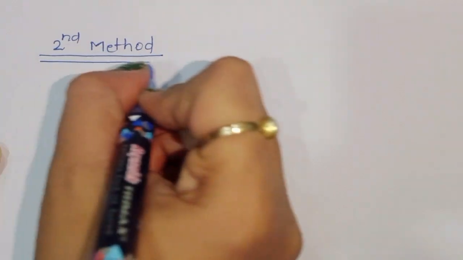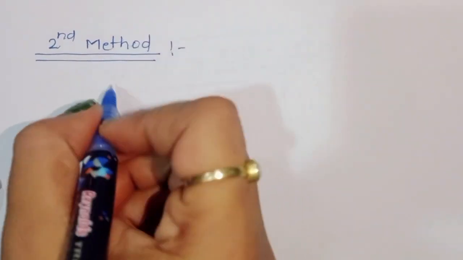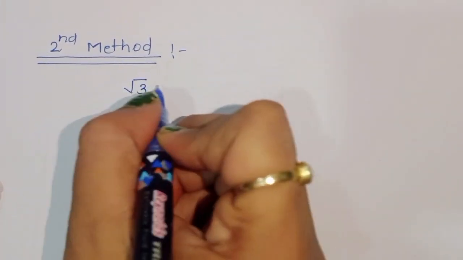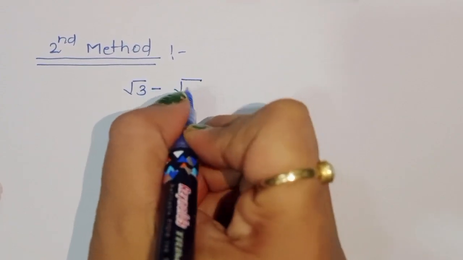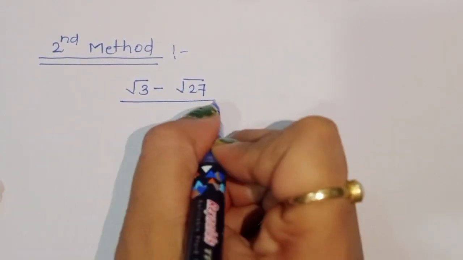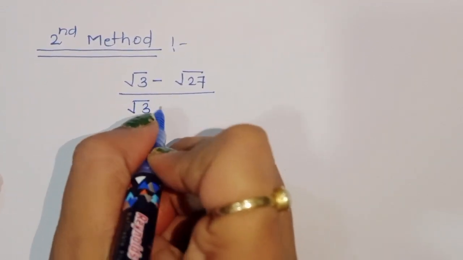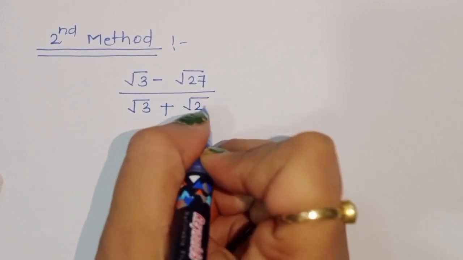Now we are solving by the second method. The question is given (√3 − √27) divided by (√3 + √27).